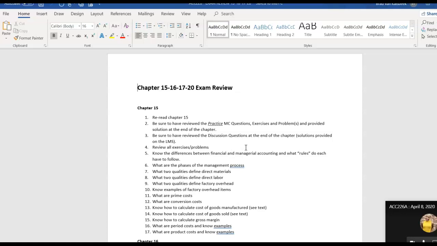Going along to number 7, what are the 2 qualities that define direct materials? The 2 qualities. If you look at page, I have it right here, page 759. 759. And it talks about what makes up the qualities of direct materials.